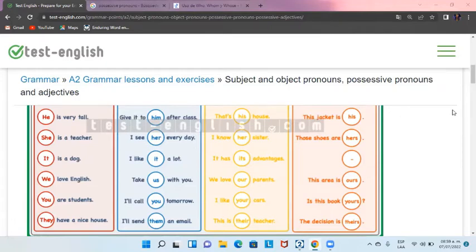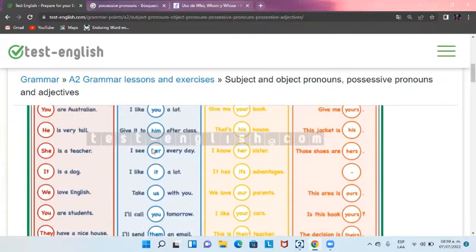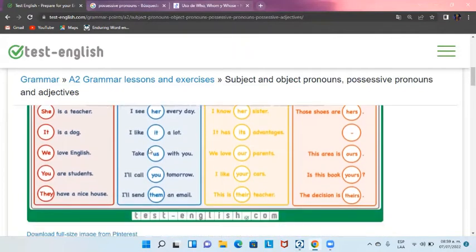Then we have the other one, I like it a lot. Who likes you? Maybe a dog or something else. I like it. It's the same with it. We love English. In this case, we're going to use the object, like take us with you.